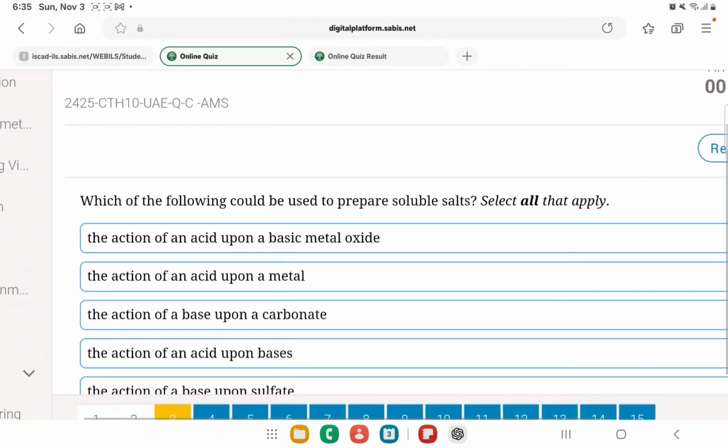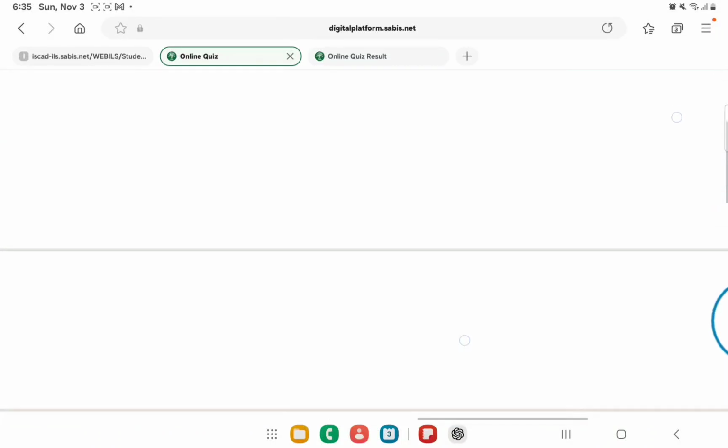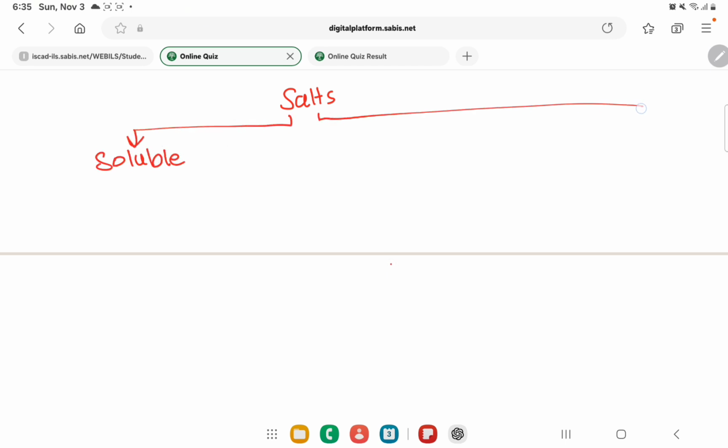Okay, which of the following could be used to prepare soluble salts? Okay, I'm just gonna write like a really quick table about what you need to know for the AMS. So we have salts. We have 2 types of salts. We have either soluble or insoluble.